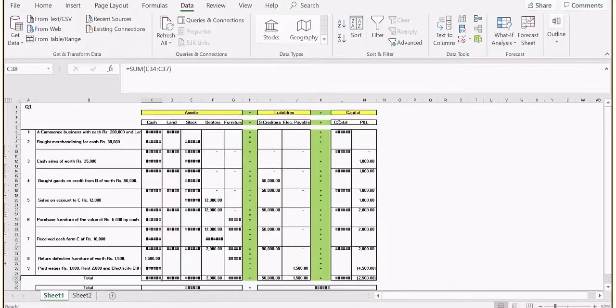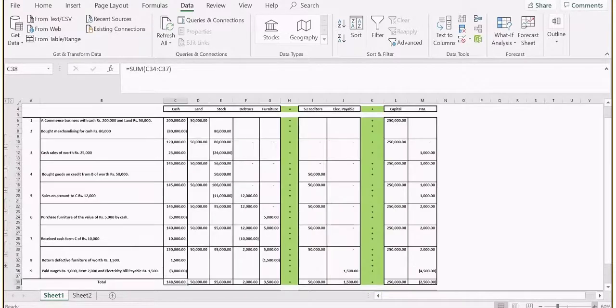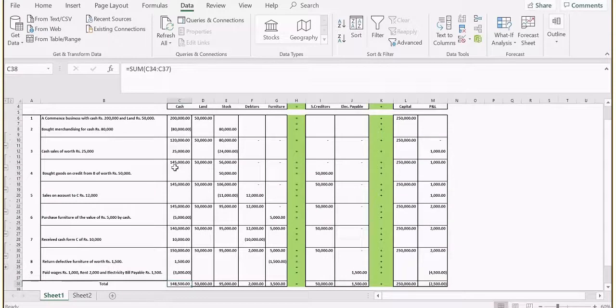You can see a cash of 1,48,500, land 50,000, stock 95,000, debtors 2,000, furniture 3,500, total 2,99,000. That is the total of the left hand side.